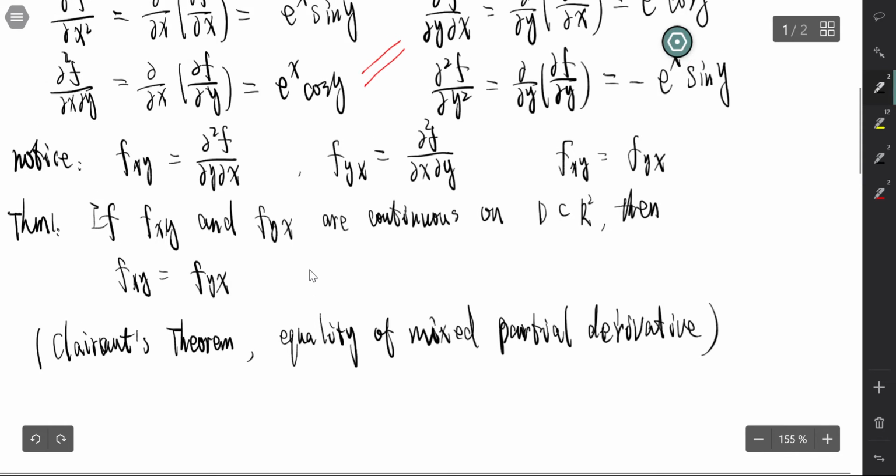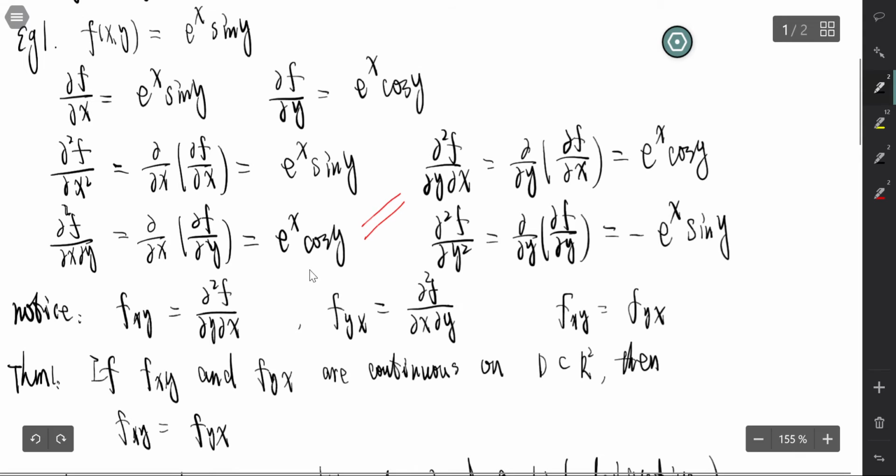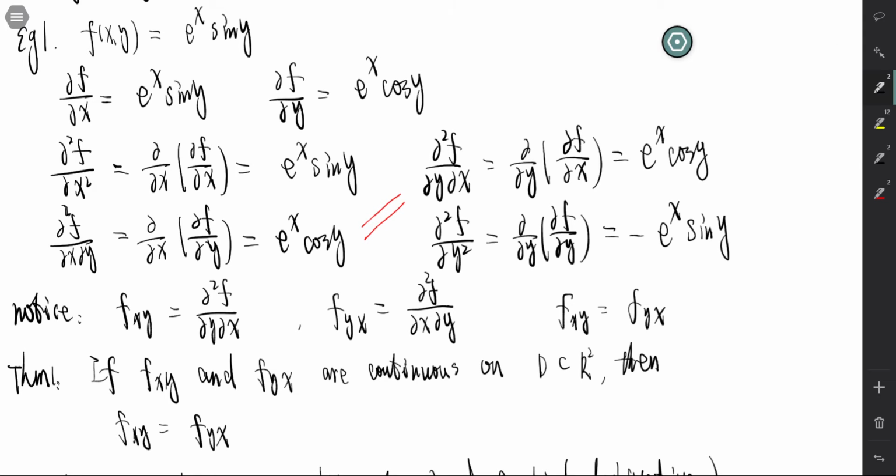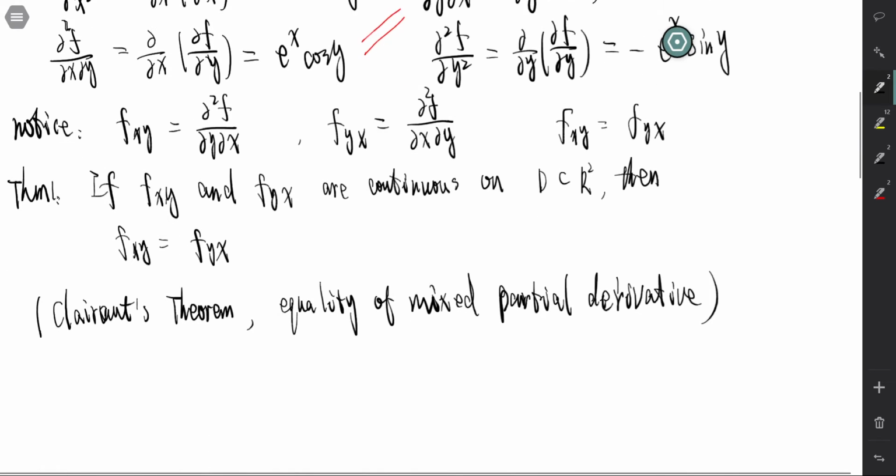And from this example, we see that this function satisfies one special equation.